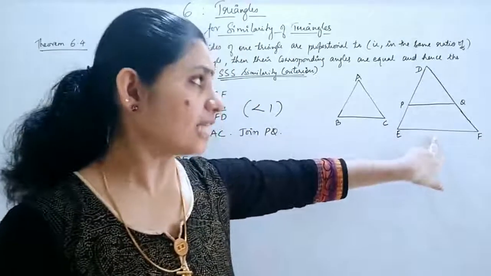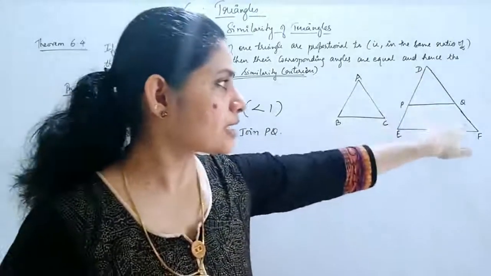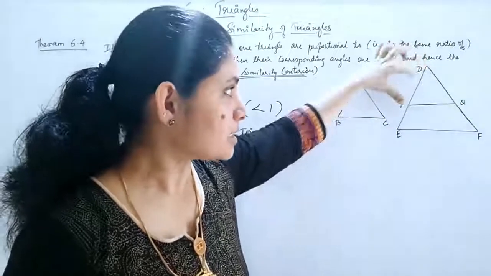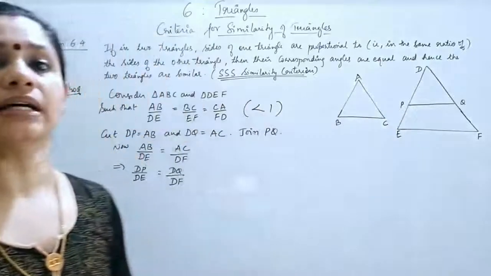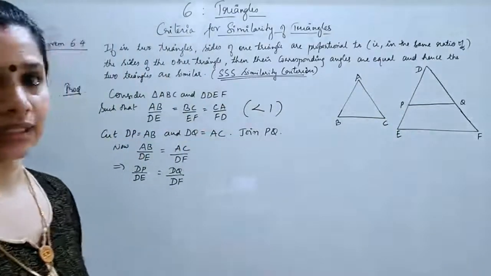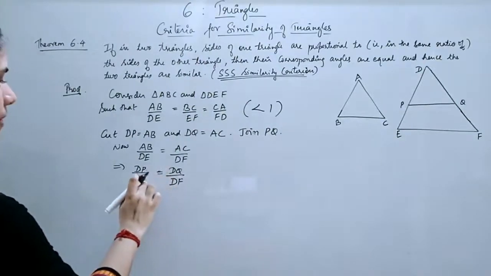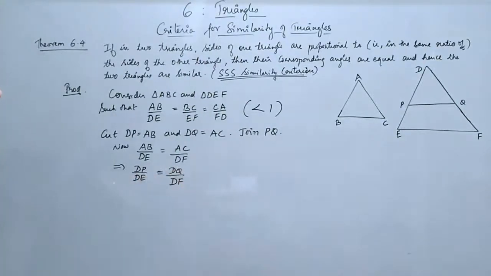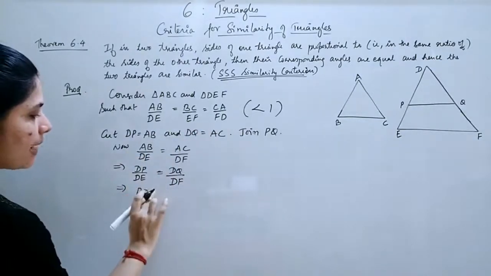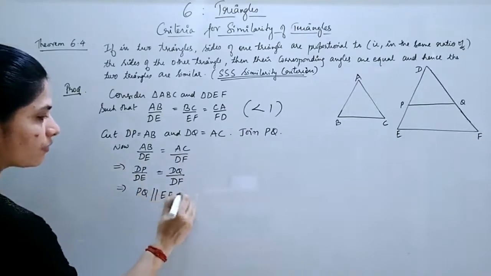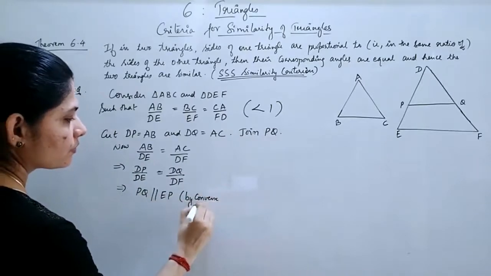Why we are doing these things is, we will show these two are parallel. That means we will get the corresponding angles to be equal. Hence we can show that this smaller triangle DPQ and the bigger triangle DEF are similar by the AA similarity criterion. So what we have got is DP by DE equal to DQ by DF, and from that we can say that PQ will be parallel to EF, by the converse of BPT.